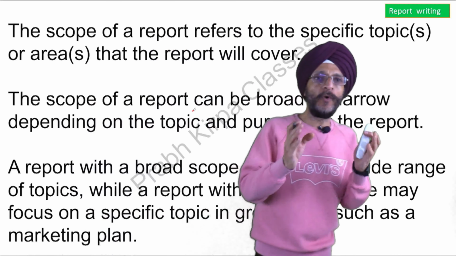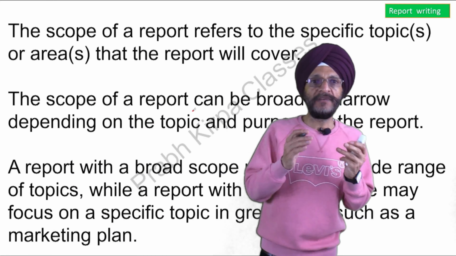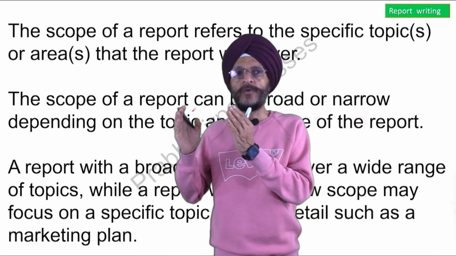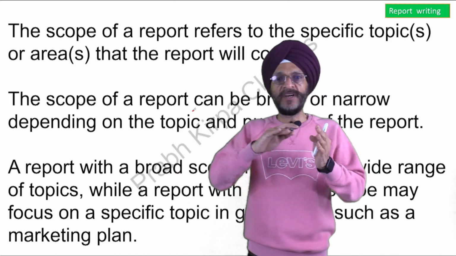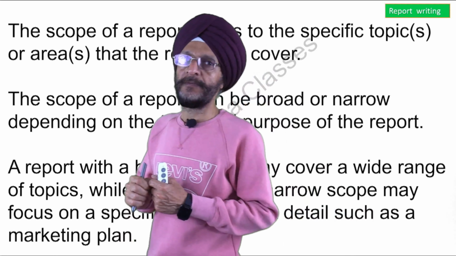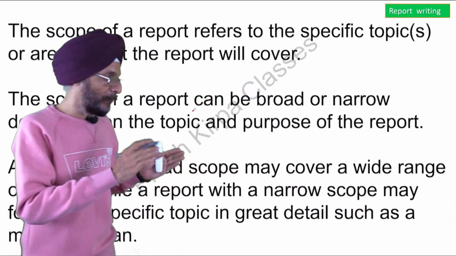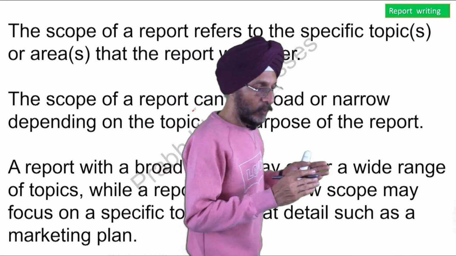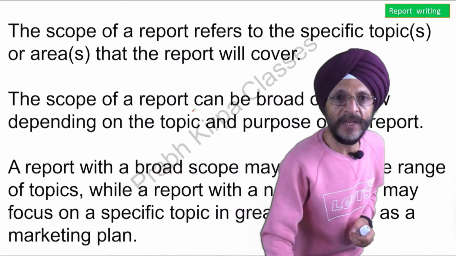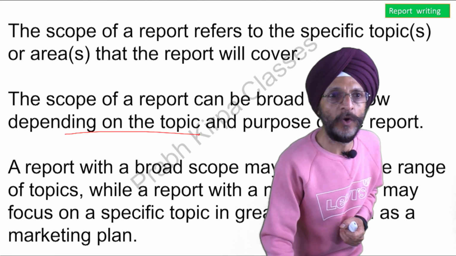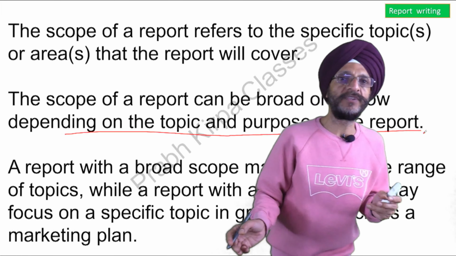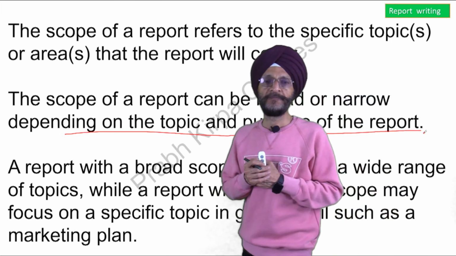The scope of a report refers to the specific topic or topics or areas that the report will cover. The scope of the report can be broad or the scope can be narrow. It depends on the topic and the purpose of the report.